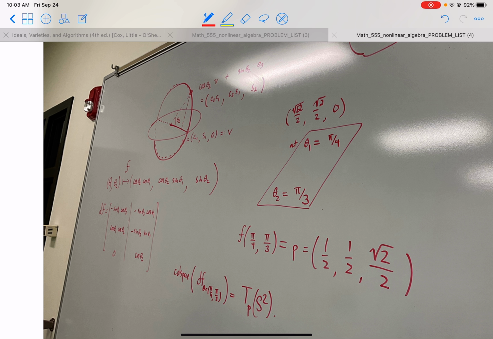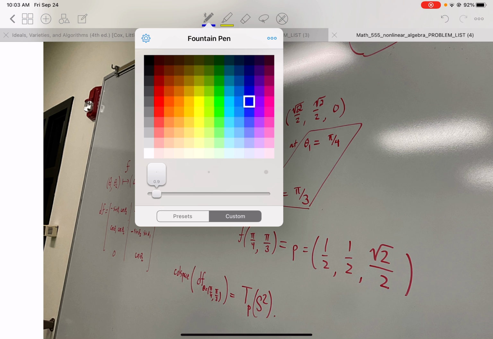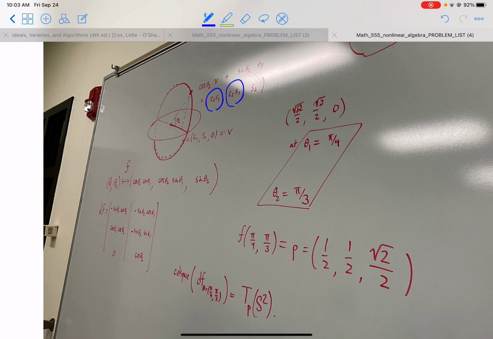In fact, I think these are actually longitude and latitude. But either way, I took some cosines and sines, and I created a map, F. This map, F, sent theta 1, theta 2 to a point on the unit sphere.